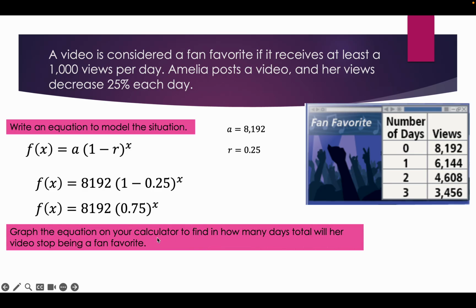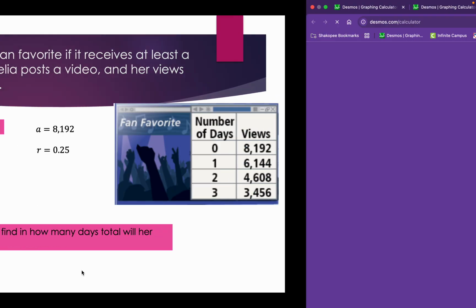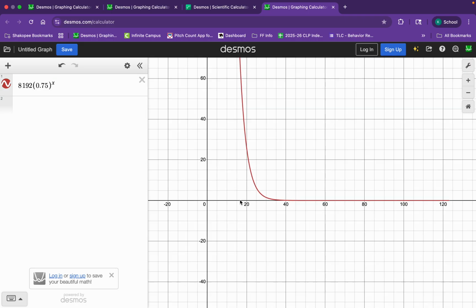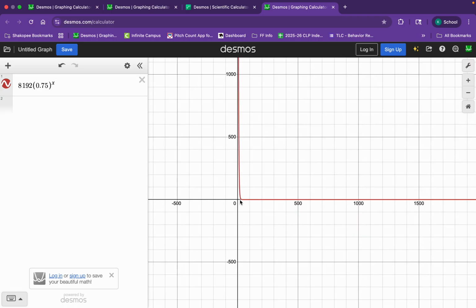It says graph the equation on your calculator to find in how many days total will her video stop being a fan favorite. Well, we click in here and type in the function, 8192 times 0.75 to the x. We zoom out and we find our function here. Now what we're interested in is 1,000.